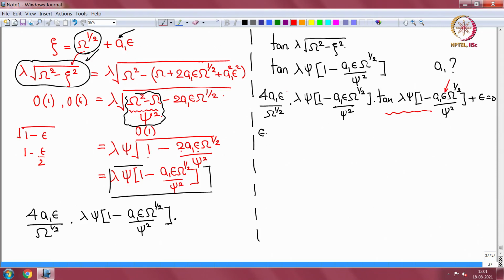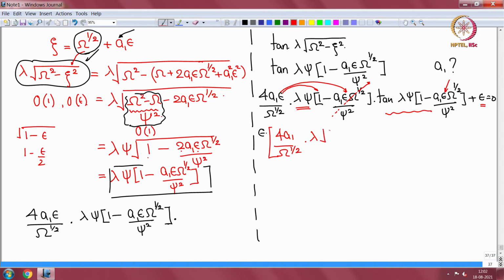But here I have epsilon multiplied with 1 and lambda psi, which will be an epsilon order quantity. Then here I have epsilon multiplied by epsilon and other things. So this is an epsilon square quantity, which can be neglected. As a coefficient of epsilon, including this epsilon, I will get 4 a1 by omega to the power half into lambda into psi.